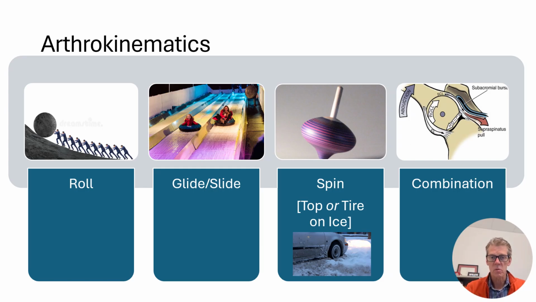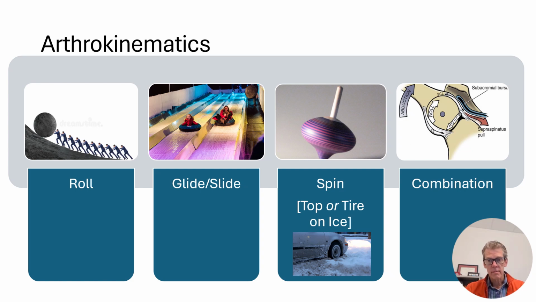So that's one way. The other spin would be, think about a tire that's on ice, and now it's not locked up, but it's spinning. The car is stuck in the snow, and you're trying to get it to free up, and the tire is just spinning there because it's on ice. So that's another type of spin that you'll see.